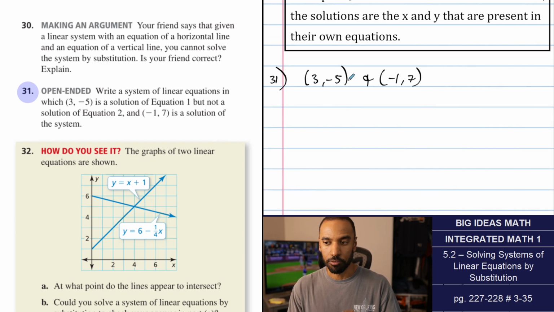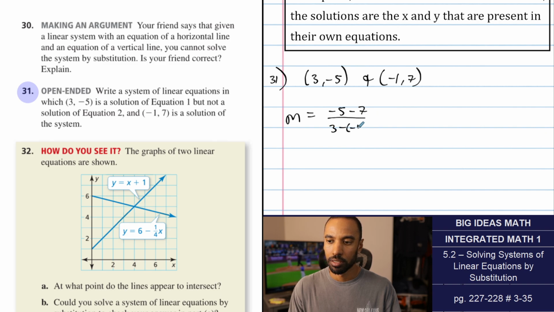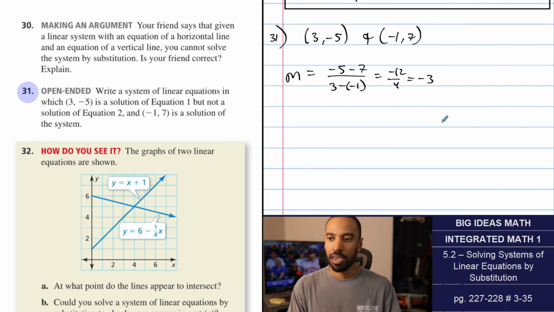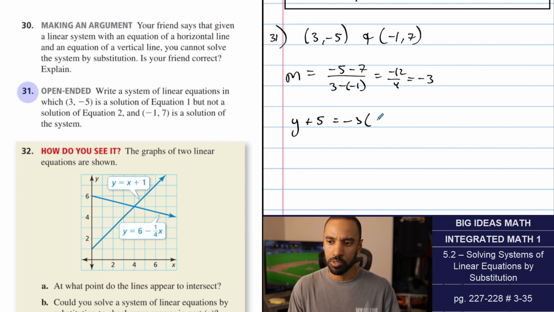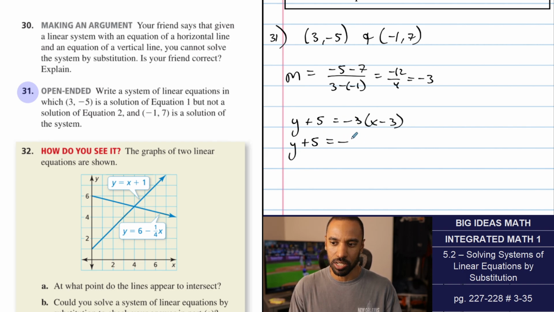This was all part of chapter 4 stuff, right? So let's find the slope. So we got a rise over run, or in this case, a fall over run. That'll be -12 over 4, or -3. If I use the point slope form, just revisiting that, I could say y minus y1 equals m times x minus x1. And remember, we're not showing any extra steps here. -3x plus 9, subtract 5 over, you get -3x minus 4.